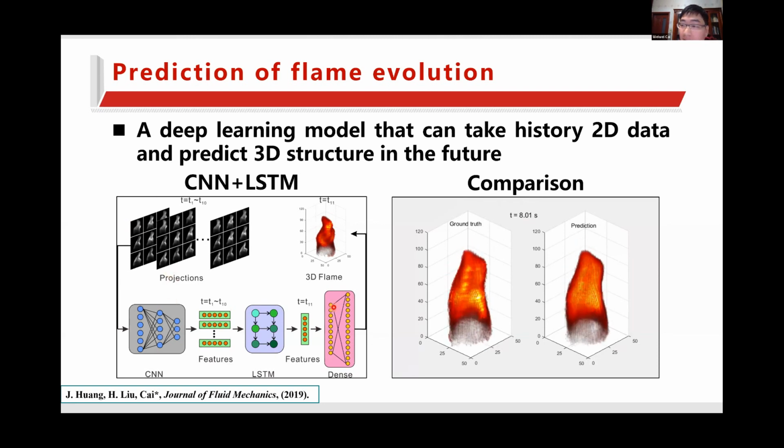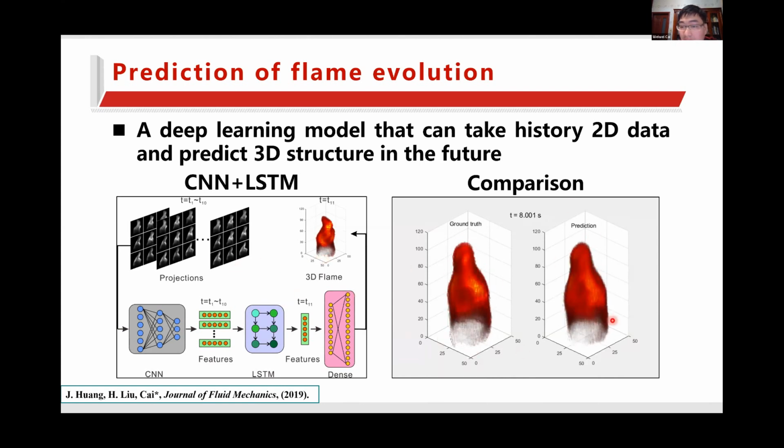We have a neural network here, and on the left, we feed in a series of history 2D images, and on the right is the future 3-dimensional flame structure. So we establish the relationship between the history data and the future data. And in this way, we can predict the evolution of the flame.